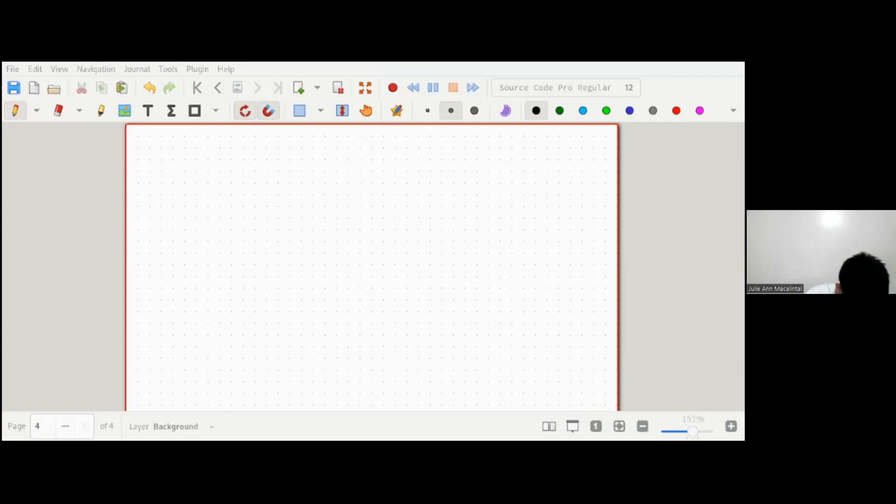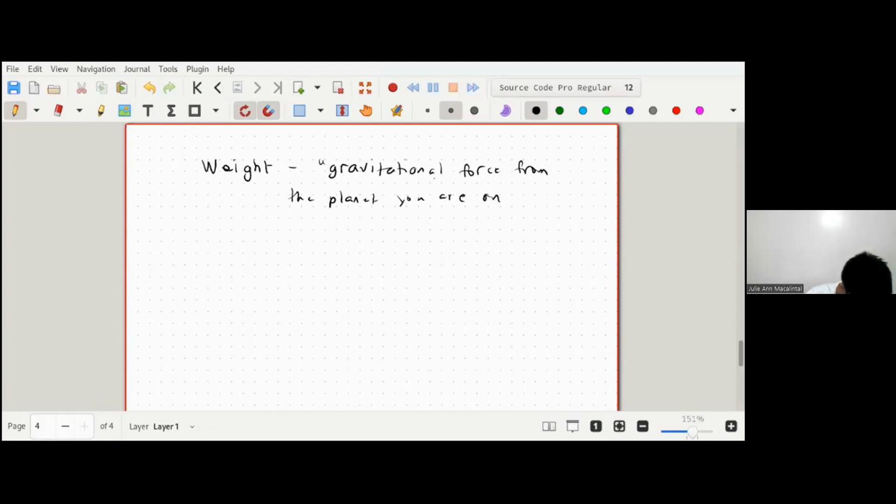Another name for the gravitational force, when we say weight, is a technical term for the gravitational force from the Earth or from the planet you are on, acting on the object.